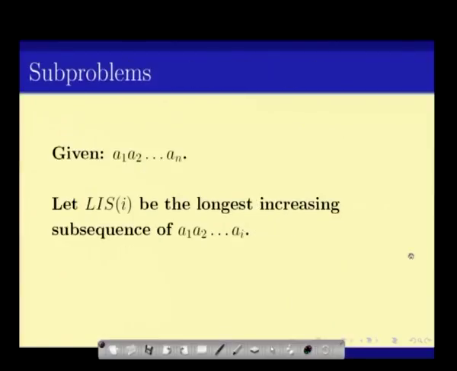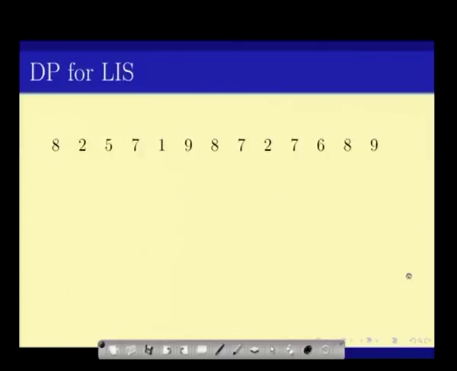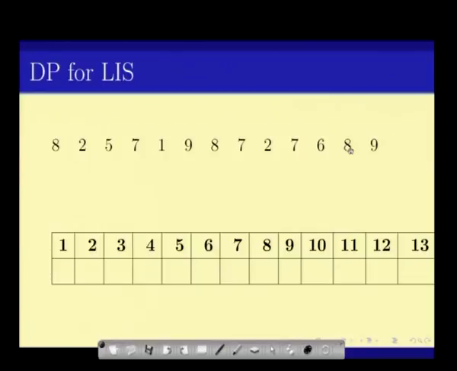In this case the idea is exactly the same, and I will not go over it all over again because we have done it so many times, but when I am computing the LIS I, we can write it down on a table.